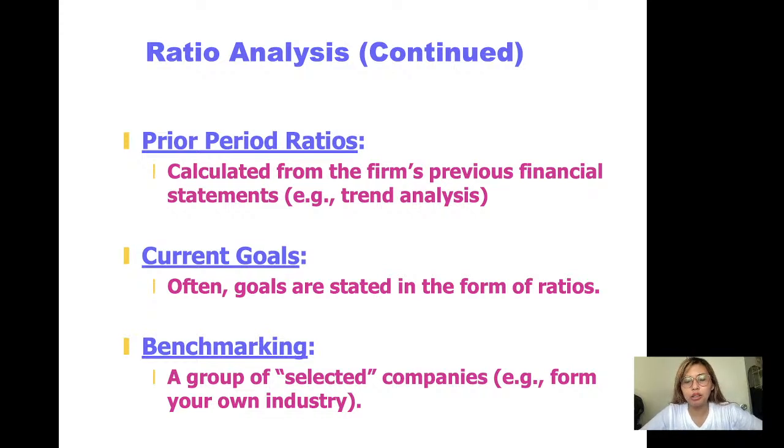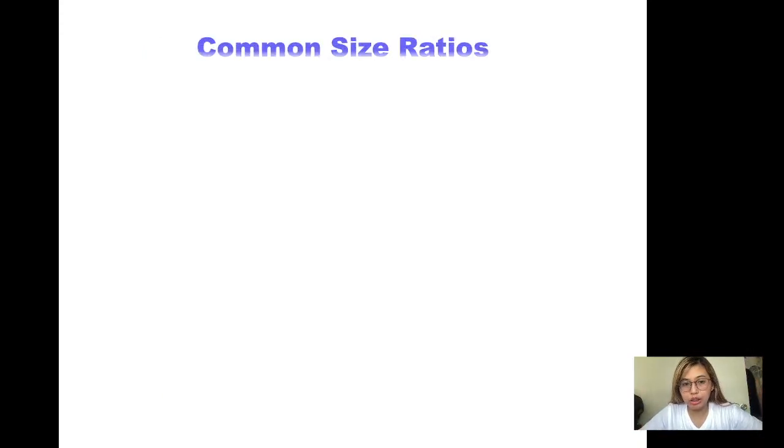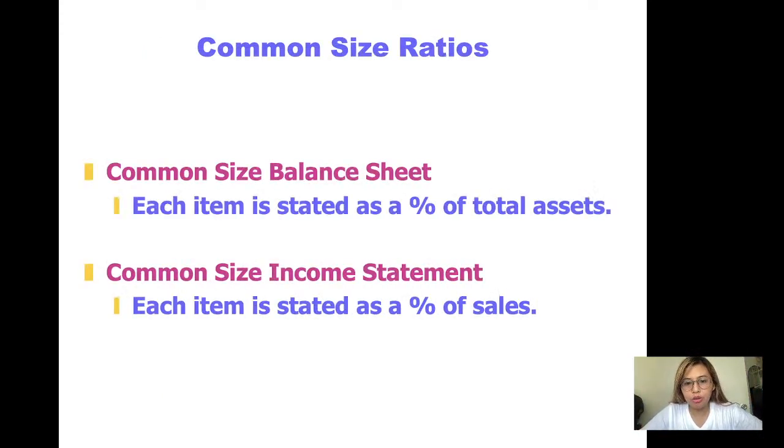Ayala, 'di ba? Yung mga kailangan nating isaalang-alang para sa pagbe-benchmark. If ever naman mga food, food industries din. So, common size ratio: each item is stated as a percentage of total assets, and in a common size income statement, each item is stated as a percentage of sales.